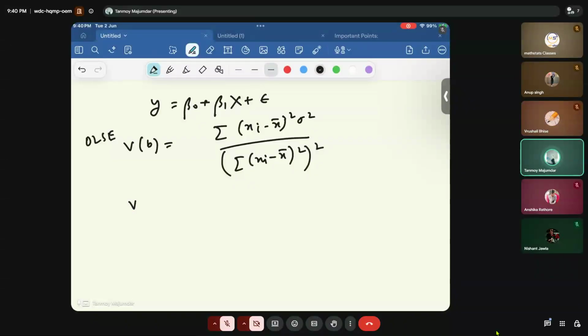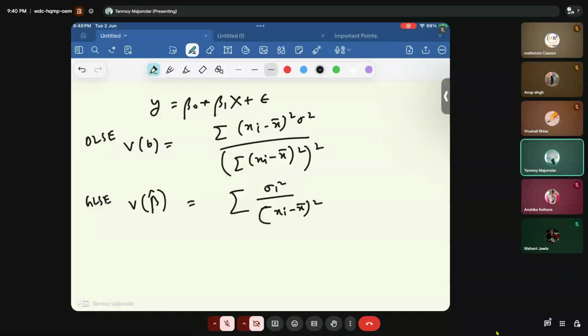And the variance of beta hat obtained from GLS will be equal to the summation of sigma i squared divided by, not summation, it is (xi minus x bar) squared.